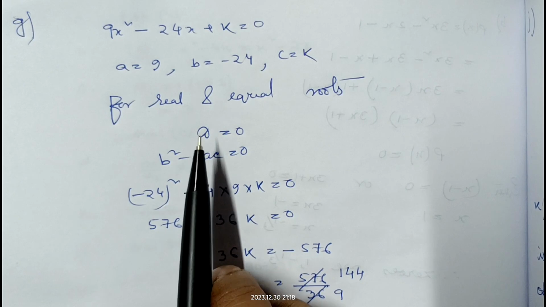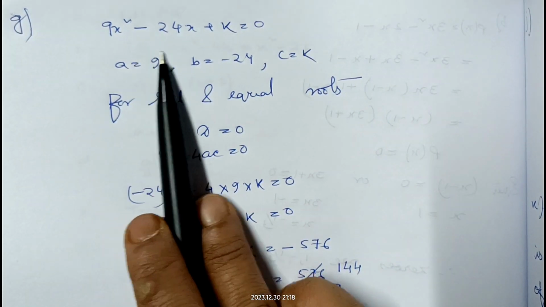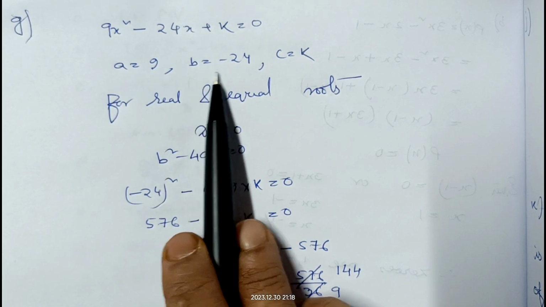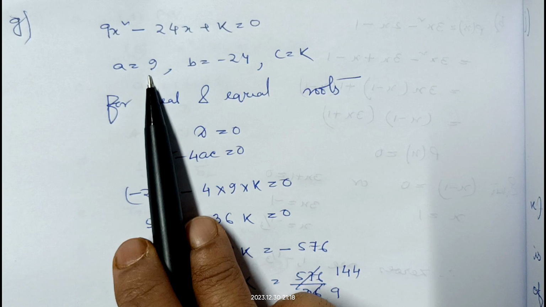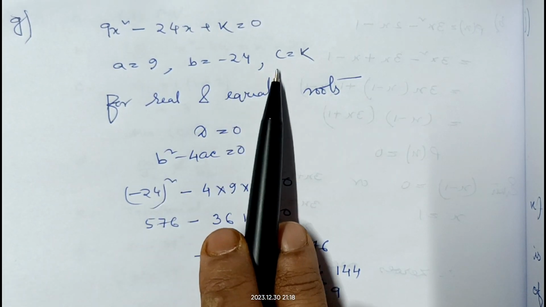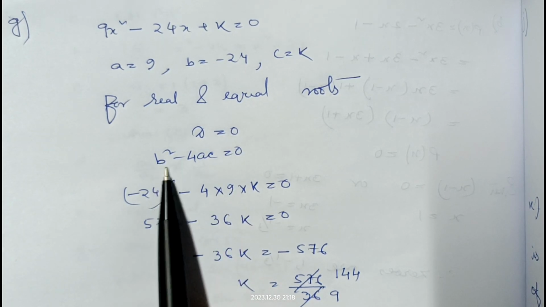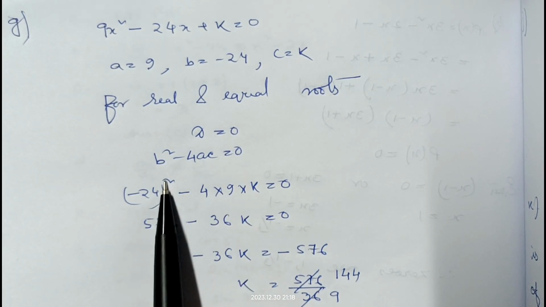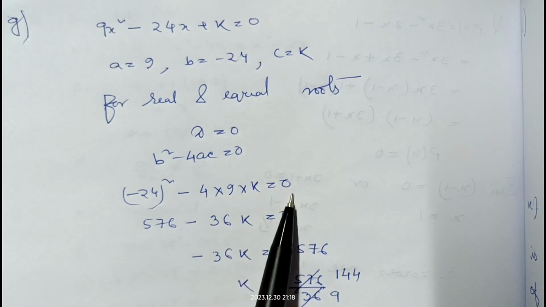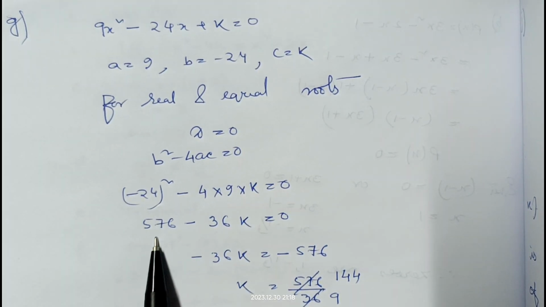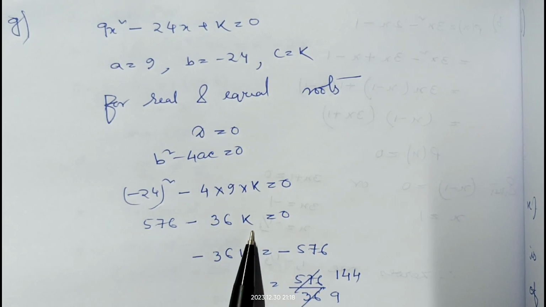In question number D, it is given, find the value of k for real and equal roots. In this case, a is 9, b is minus 24 and c equals to k. For real and equal roots D equal to 0, that is b square minus 4ac is 0, b is minus 24 square minus 4ac is 0, 24 square is 576 and here minus minus plus, minus 4 into 9 is 36k.